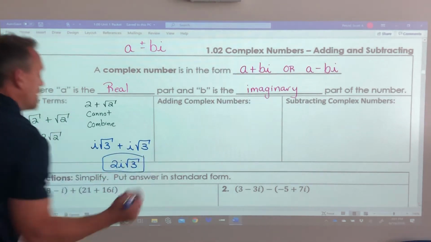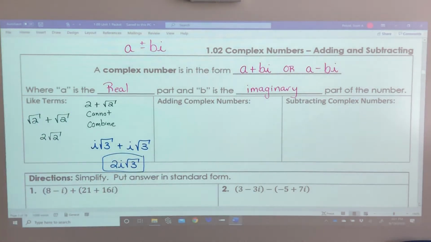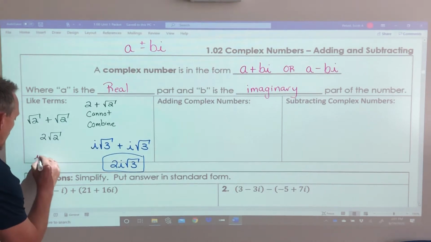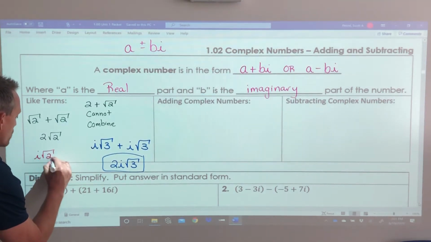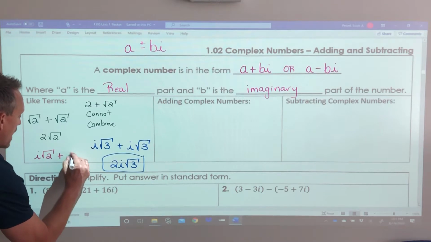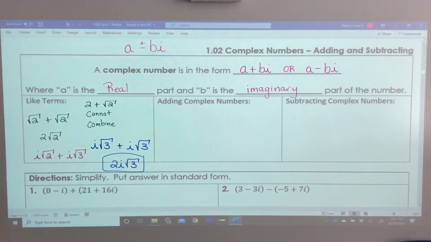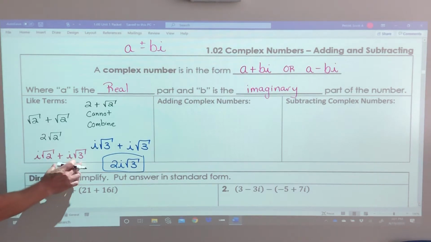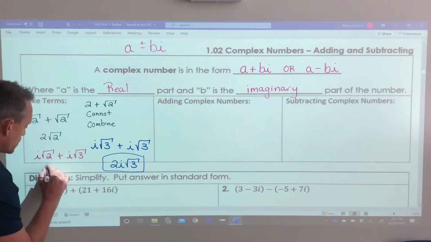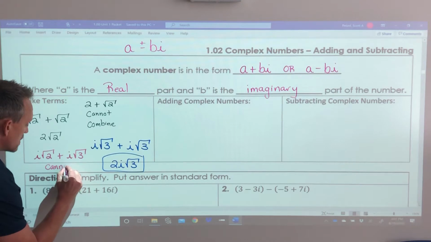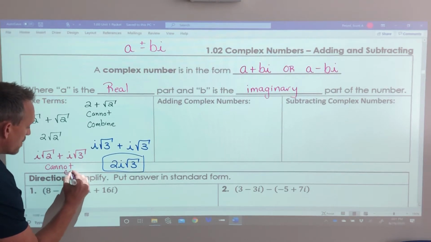That is combinable. What if I had i square root of 2 plus i square root of 3? Well, the i is the same, but the roots are not the same, so you cannot combine.